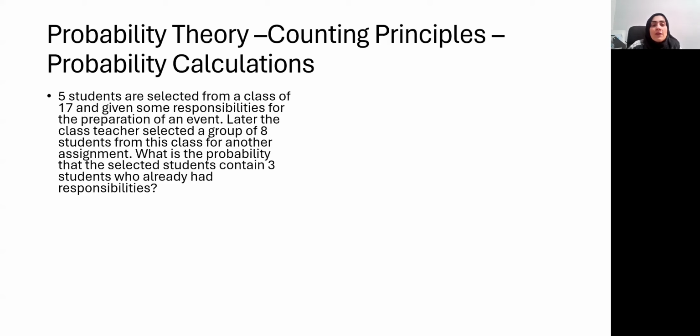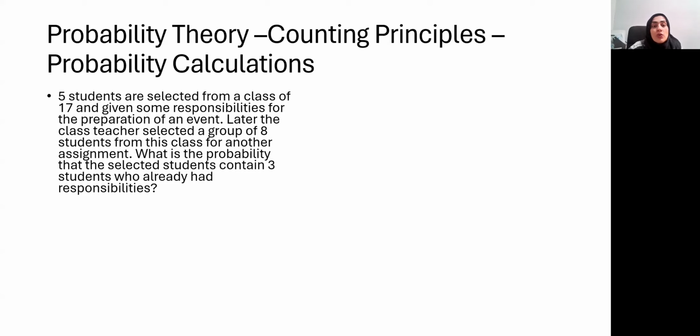So first we identify the total number of different compositions that we can pick from this pool of 17 items, 8 items from this pool. And this is equivalent to doing sampling without replacement. So we're picking 8 items from the pool randomly.